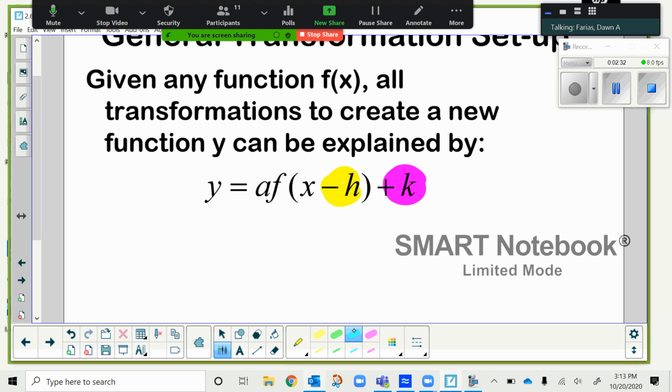If you're multiplying something at the very front of the function, that's going to either stretch your graph or compress it and make it fatter. And then if a is negative, it reflects over the x-axis.